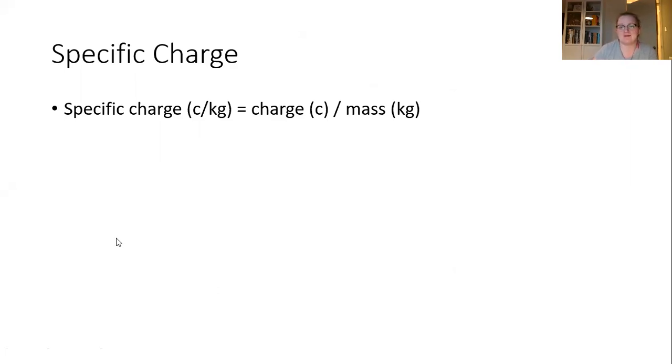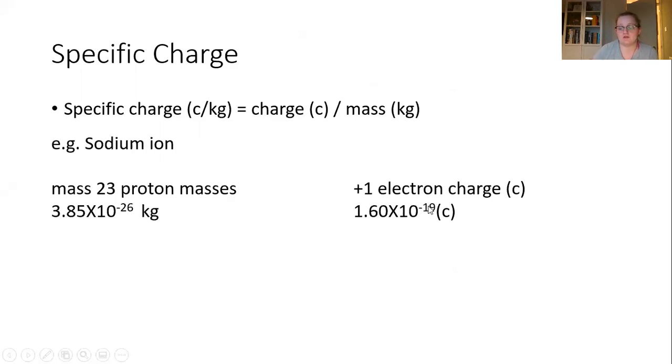I'm going to talk you through an example of a specific charge. We could look at a sodium ion. The sodium ion has a mass of 23 proton masses, so that is 3.85 times 10 to the minus 26 kilograms. It has a +1 electron charge, so 1.60 times 10 to the minus 19 coulombs.